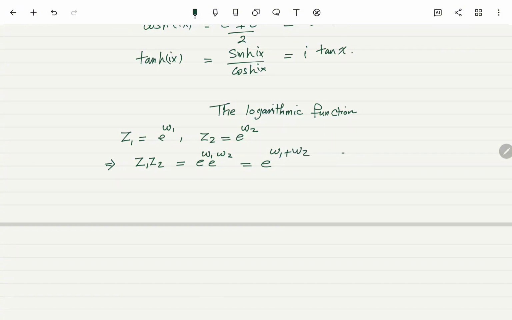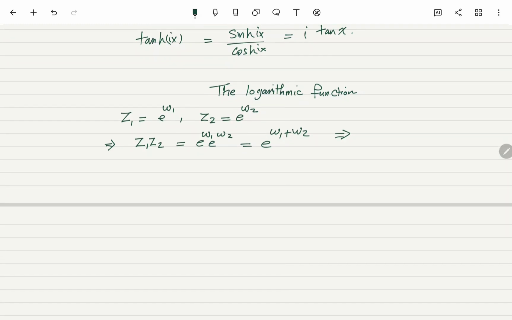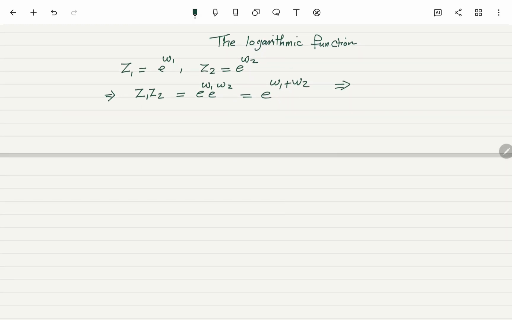So the logarithmic function, let's define this. If we take ln for both sides, so ln(z1 z2) will be equal to omega 1 plus omega 2, which is actually equal to, now omega 1 from this is ln z1, and omega 2 from this is ln z2.